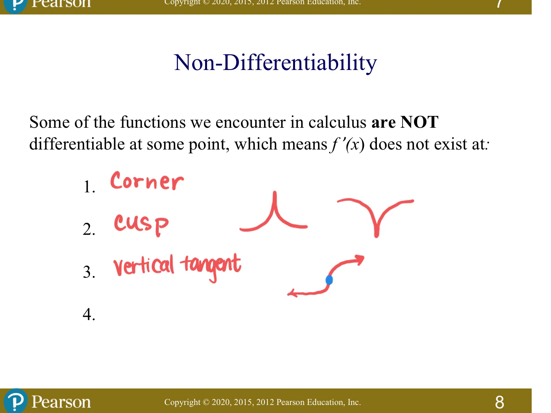Because if I do the same thing, if I say what's the slope coming at it from the left, and the slope coming out, if it's going vertical, then its slope is infinity. And on the other side, the slope here is also infinity. And the problem is those two infinities are not the same infinity. So again, the slopes are not equal.